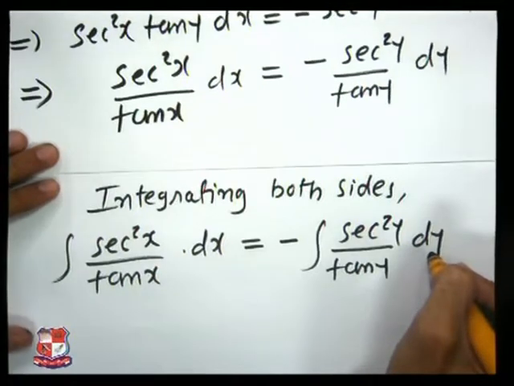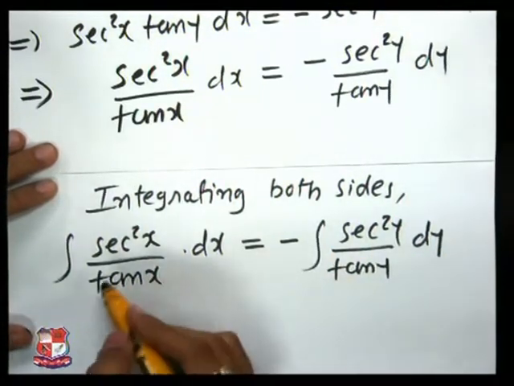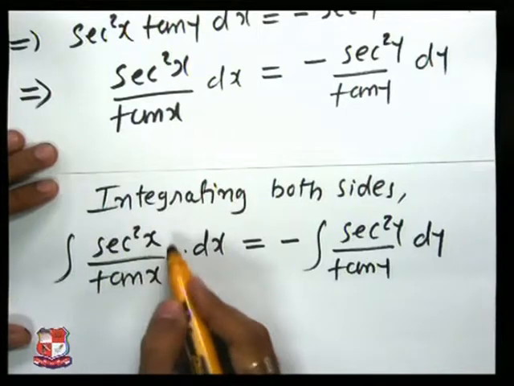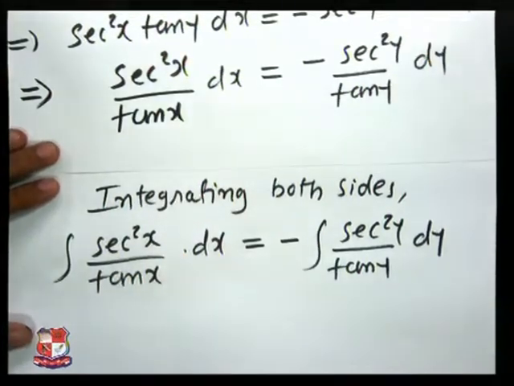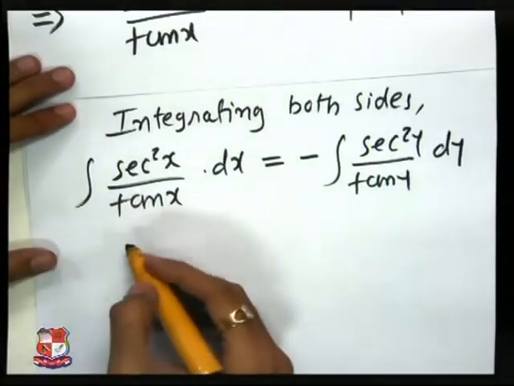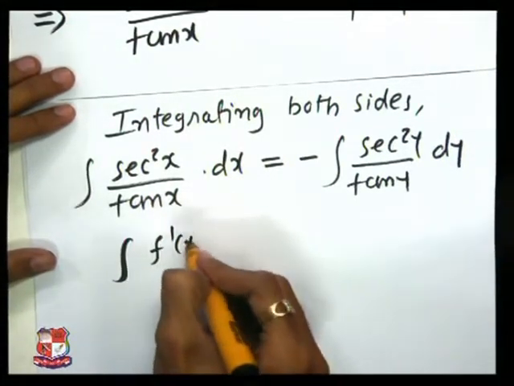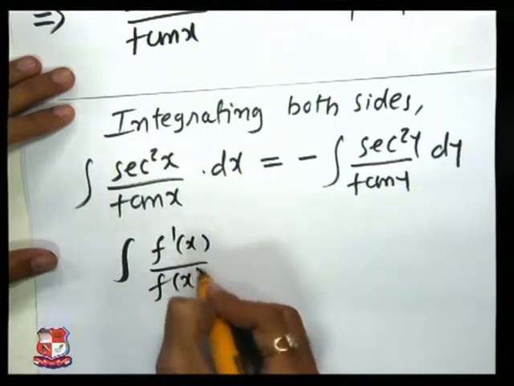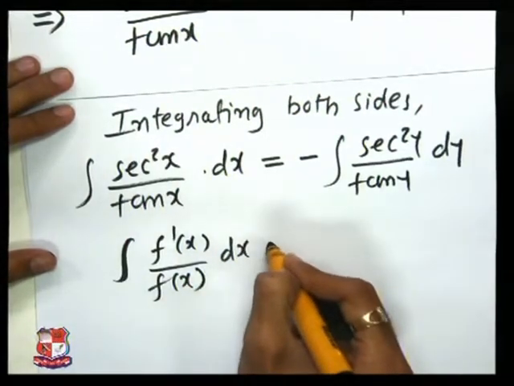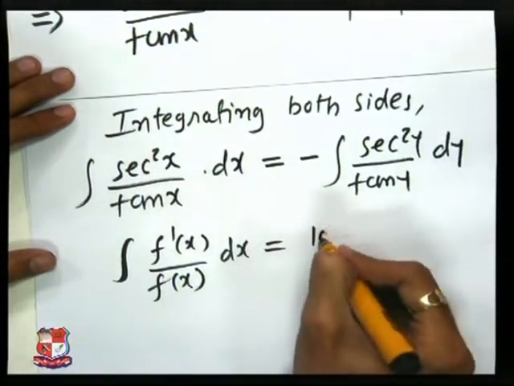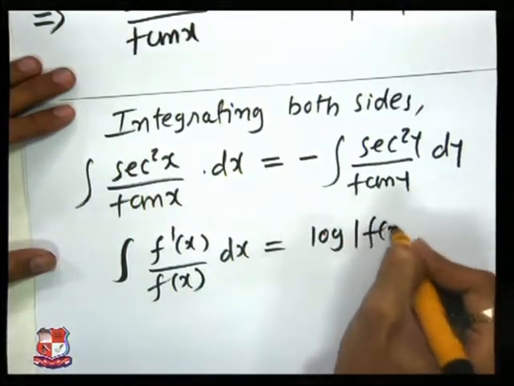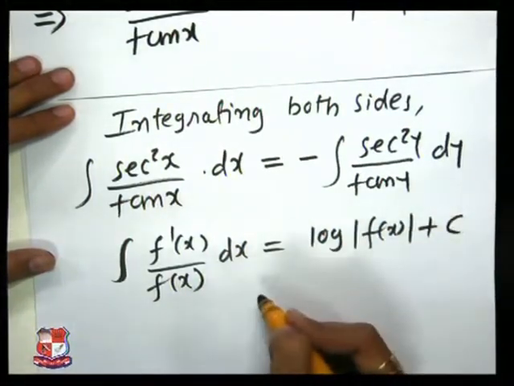Okay, to integrate this expression we know this formula: if we have the integral of f dash x upon fx into dx, it is equal to log mod fx plus c.